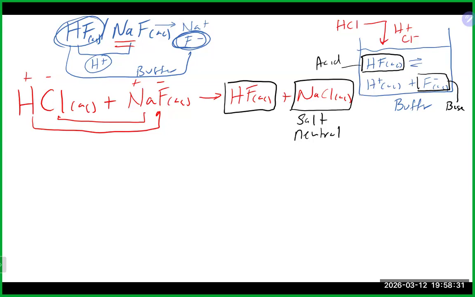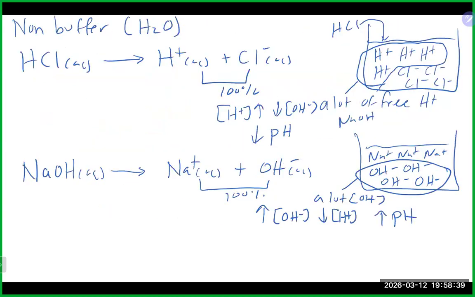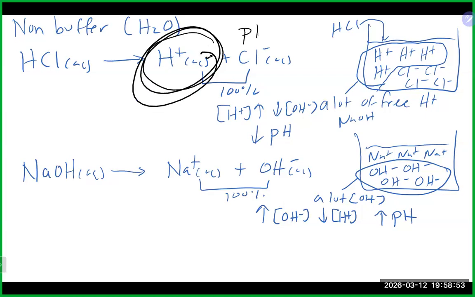So what we see here, and it's actually what we don't see here, that we did see when we added this acid to water. What do we see when we added the acid to water that we don't see in the other reaction on the product side? We don't see this, right? This is what affects the pH because the pH is equal to minus the log of the H+ concentration, right?